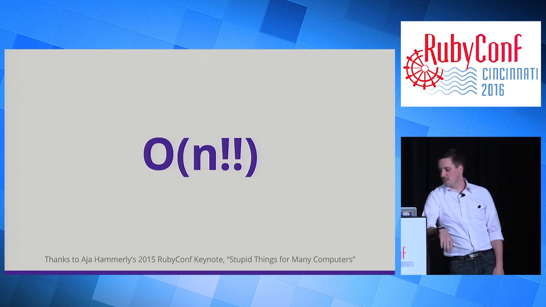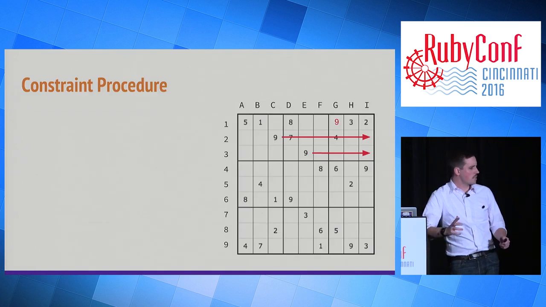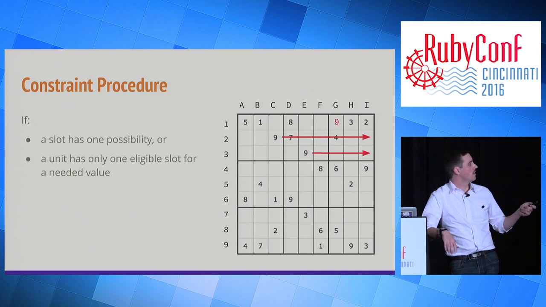So constraint propagation comes in, and again, we can pretty much convert those rules for Sudoku into a set of constraints that we want to apply repeatedly over and over again. If we've got a slot that has one possibility, or else a unit that's got only one place for something to go, we need to fill it in there. So here, in that upper right-hand square, the 2 9s in the top 3 rows eliminate those possibilities.